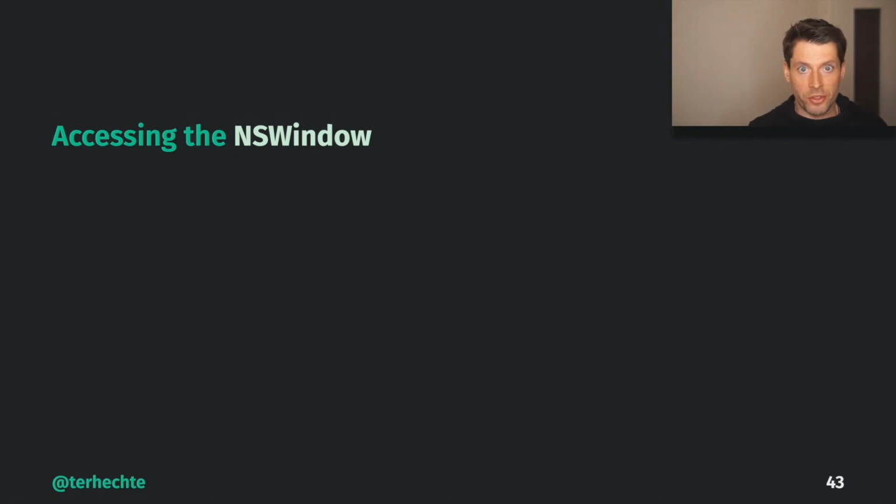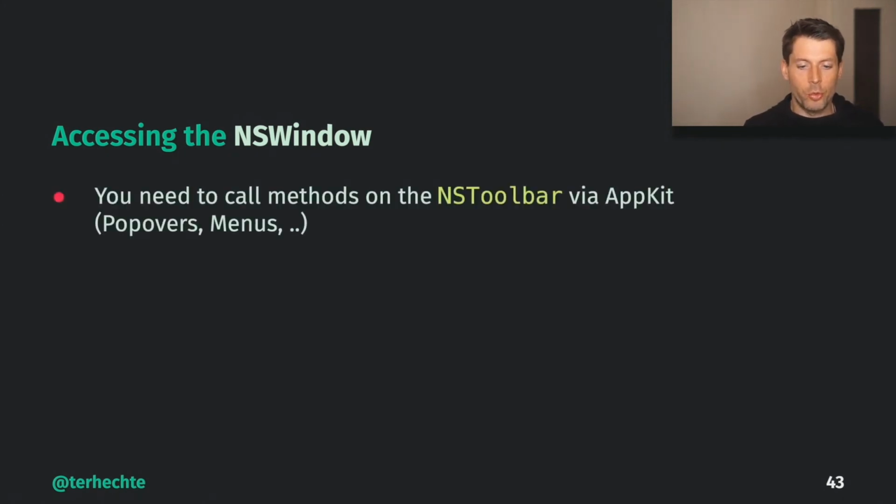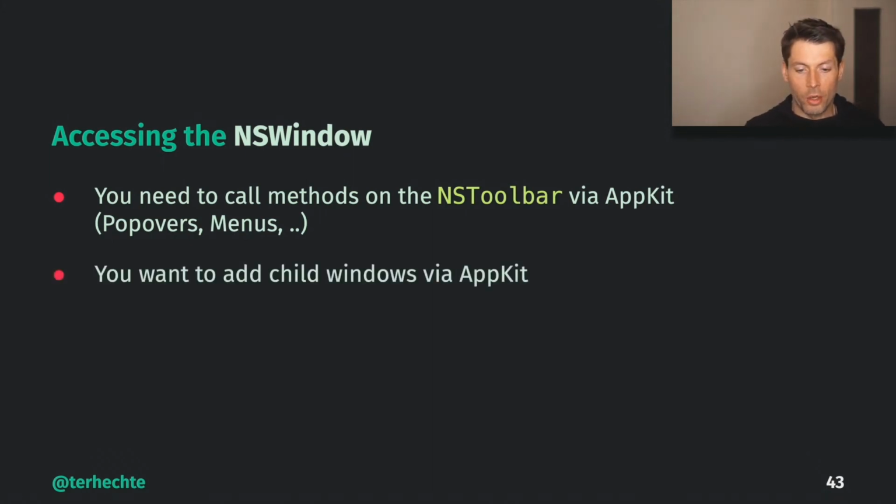So what kind of actions, you wonder? For example, you may want to add popovers or work with menus. Or maybe you want to add child windows to AppKit. Or maybe you want to display custom UI. There's a variety of things you may want to do, but all of these things require that your AppKit app knows about the window.